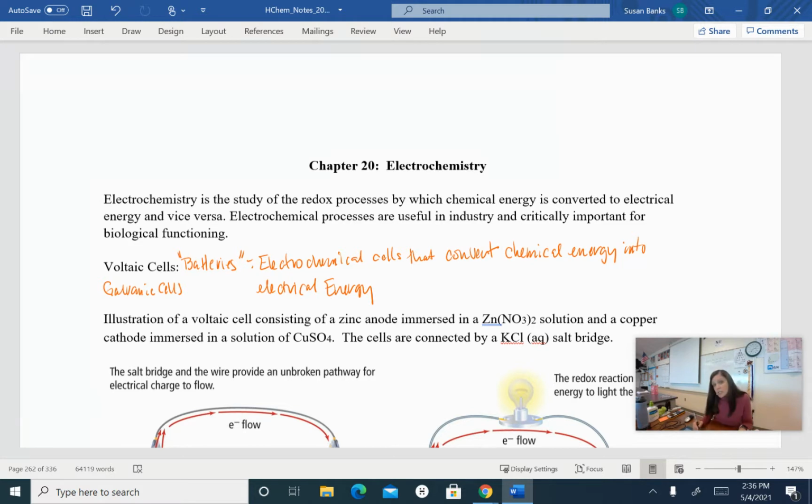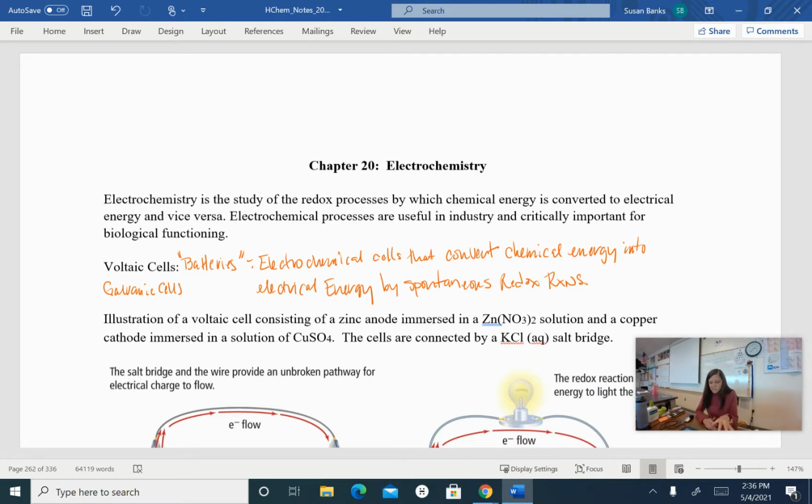By spontaneous redox reactions. Okay? So we're using spontaneous redox reactions to get those flow of electrons. And that flow of electrons, we can convert the chemical energy into electrical energy.